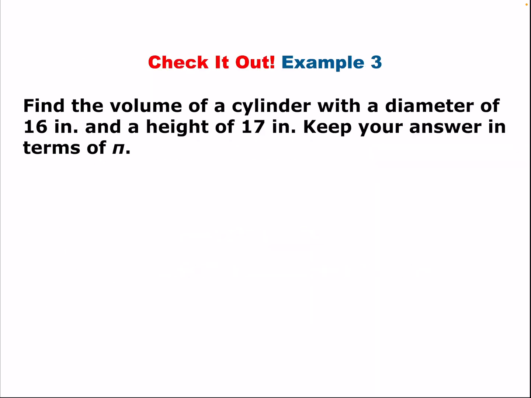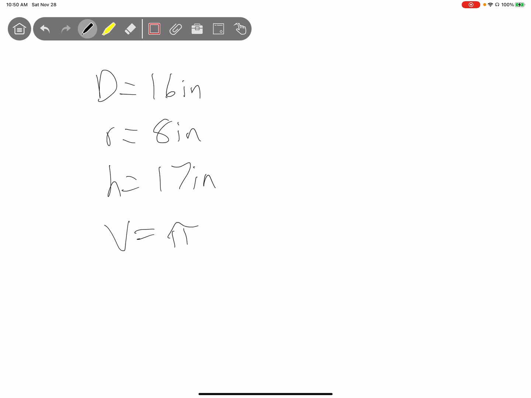All right. So here we go. Find the volume of a cylinder with a diameter of 16 inches and a height of 17 inches. So let's do that. We know that the diameter is 16 inches, which means the radius is 8 inches, and the height is 17 inches. And we know the volume is pi times the radius squared times the height.